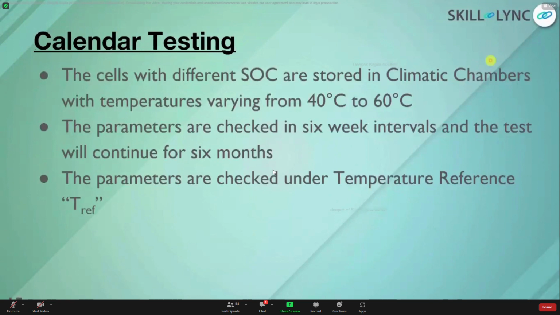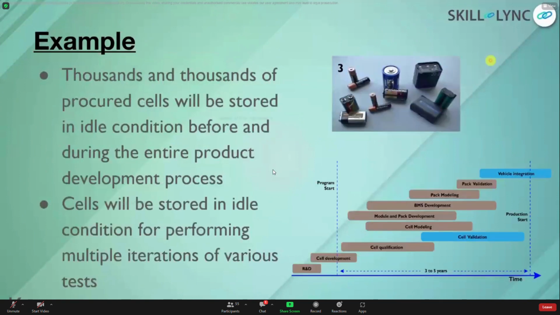Once it is done, the parameters are checked at 6-week intervals, and the test will continue for 6 months so that we have a good amount of data to evaluate the calendar test. The parameters are checked under the reference temperature, T reference. Then we will understand what exactly is happening in the calendar testing with respect to different cells and different temperatures.